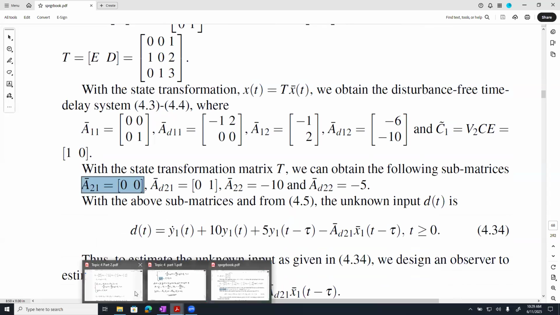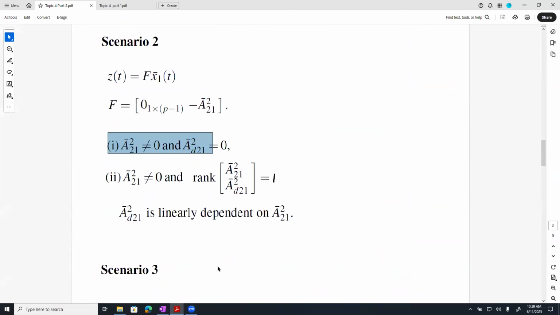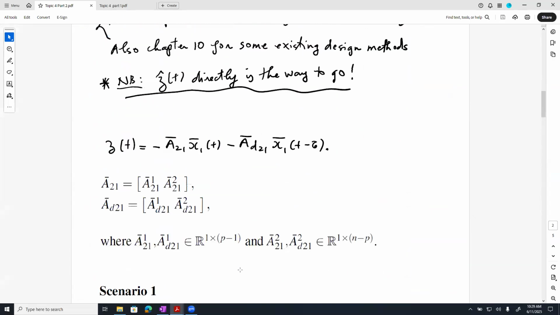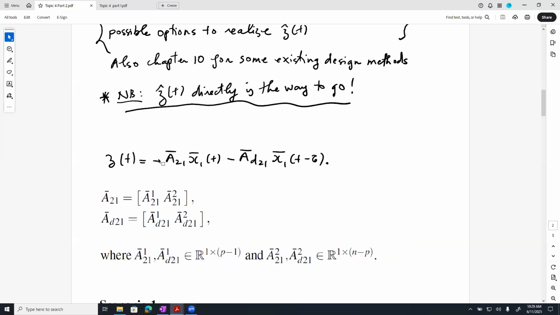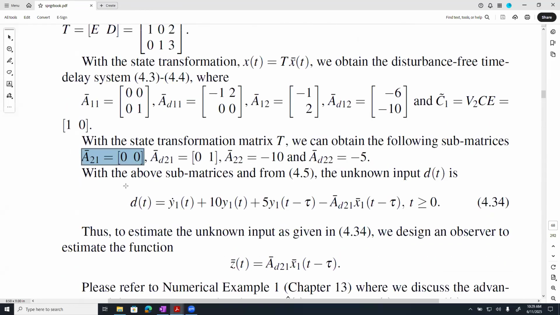So what that means is this generalized functional, that term is 0. So the one that we want to estimate is in fact related to estimating this delay functional here. Okay, so when we look into it, we obtain this unknown input.